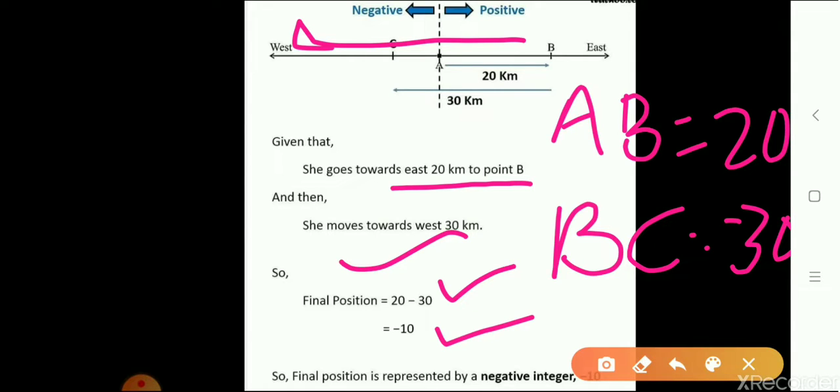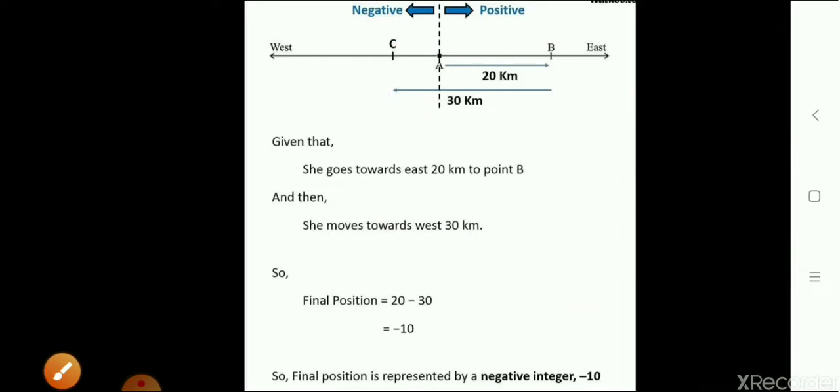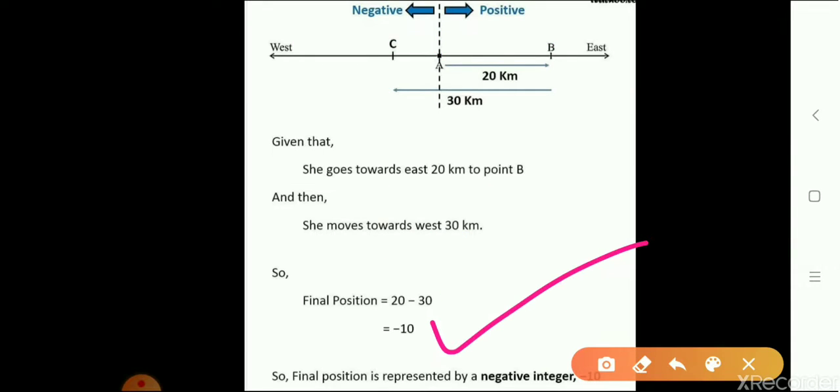Her final position from point A will be minus 10, because she has covered the 20 kilometer distance up to B, and after that she takes 10 kilometers more to reach point C, which is in the west direction, so we take it as minus 10 kilometers. Her final position will be represented by a negative integer, minus 10 kilometers.